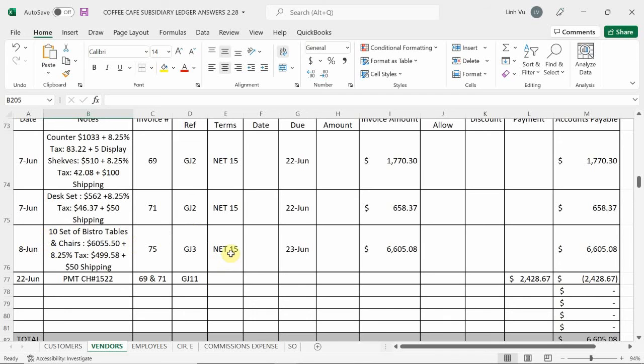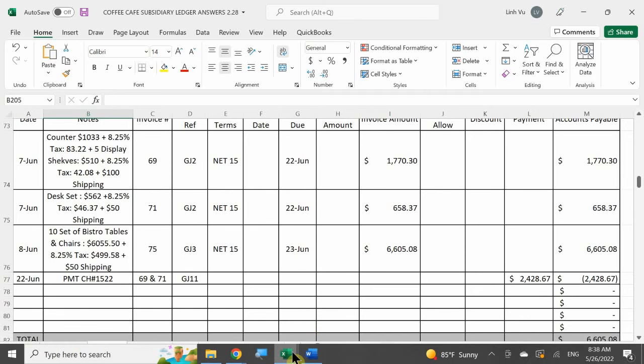Okay. So in this case, net 15 means it's due on the 23rd, which is today. And then, so how much do I owe? $6,605.08. Okay, so that's how much I'm going to be running my check out for.